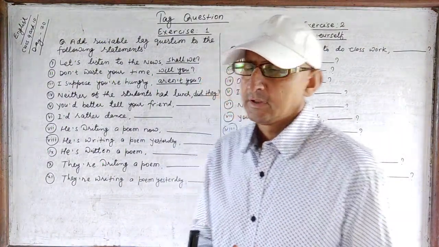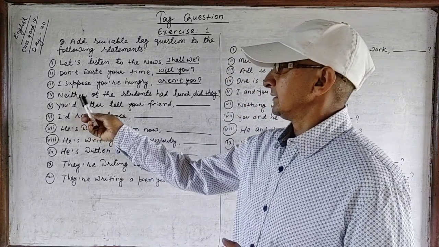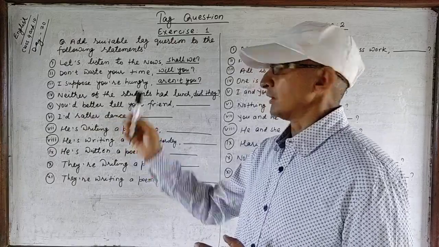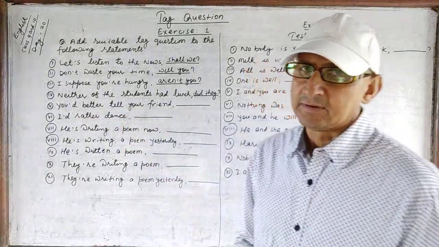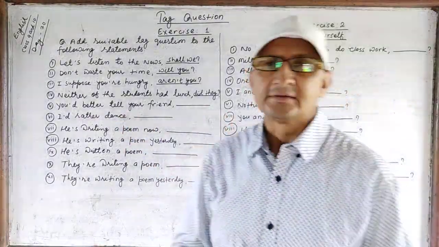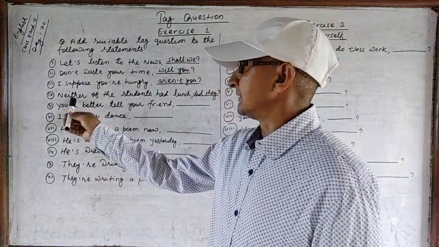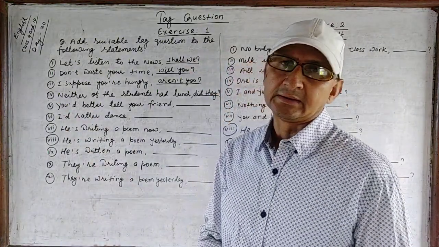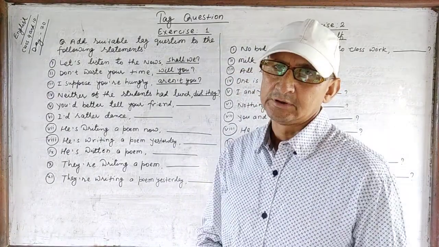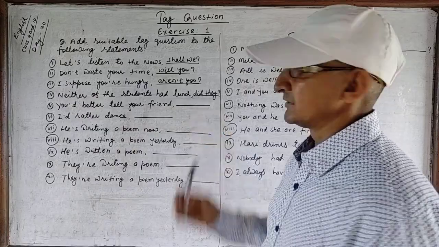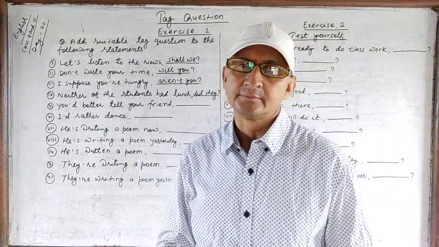Next, first, neither of plus a plural noun or pronoun takes they as a subject in the tag. Another, look, neither is a negative term, so the statement is negative, so we have written the positive affirmative tag.